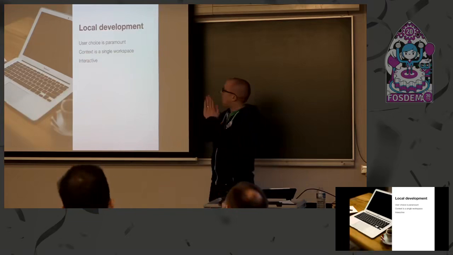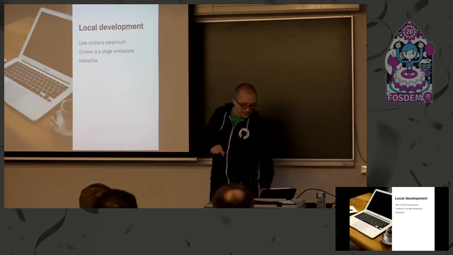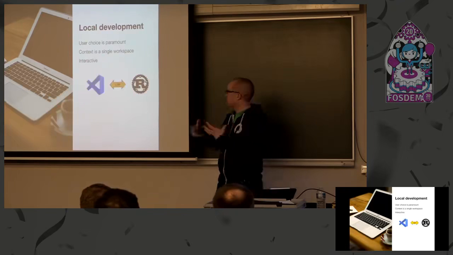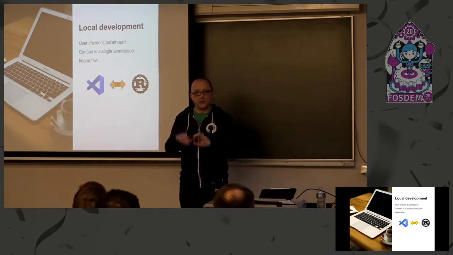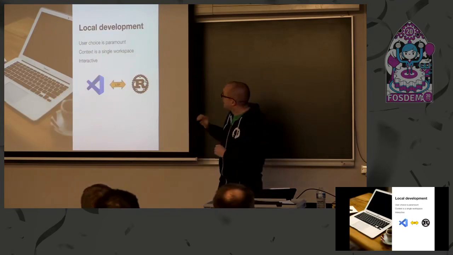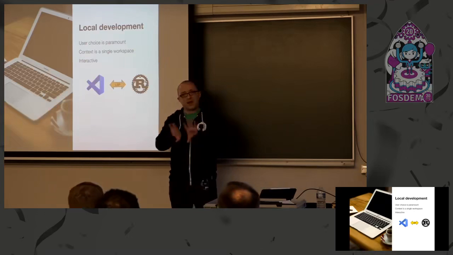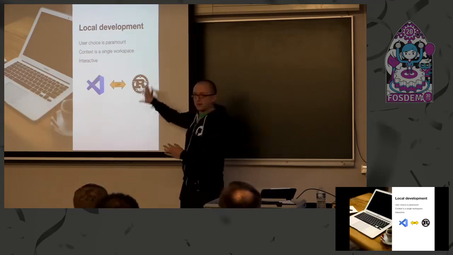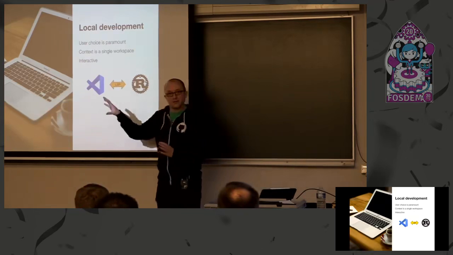Okay, so all of these constraints steer you in the direction of a solution. LSP is the natural direction, the natural shape of an implementation, that you get to for those constraints. The way that it works, if you're not familiar with it, is that it provides a nice abstraction boundary between the part that knows about the programming language that you're using and the part that knows about the editor that you're using.